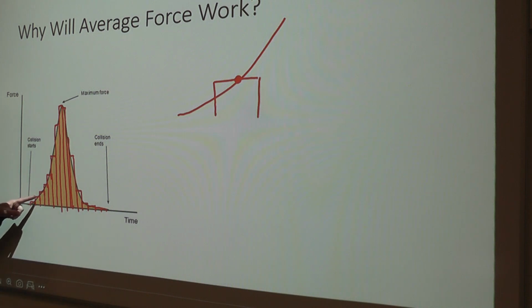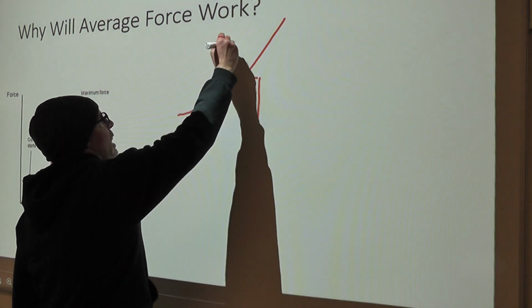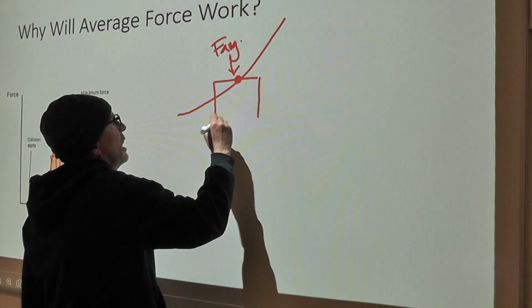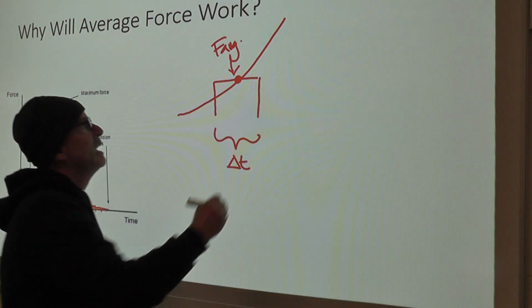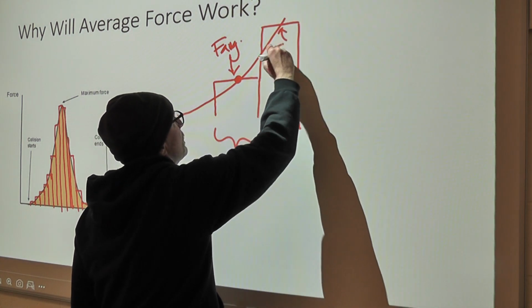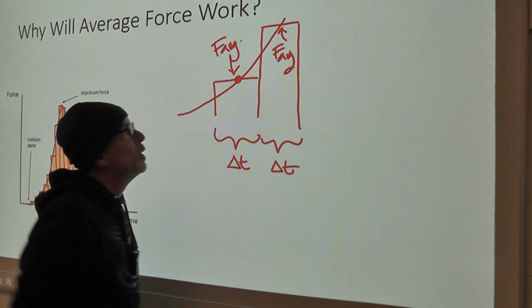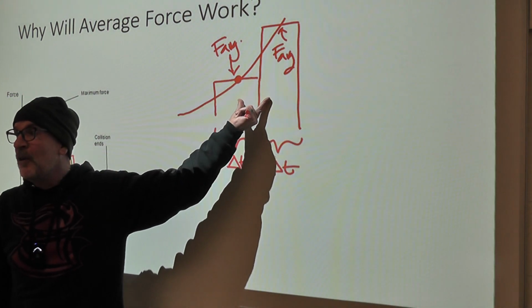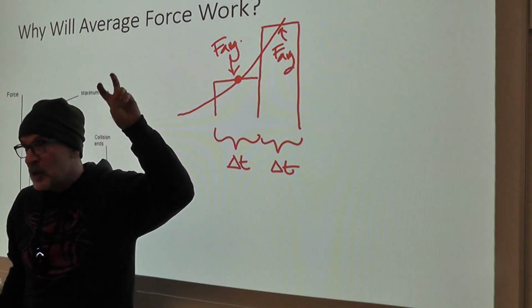We'd add up all these average forces and divide by the number of slices that we got. So if this is an average force times a relatively short amount of time, and this is a different average force times a different amount of time, we could find the area of both of these combined by finding the average of these two average forces.